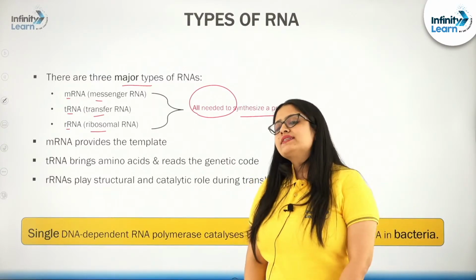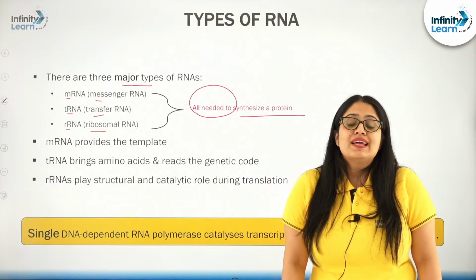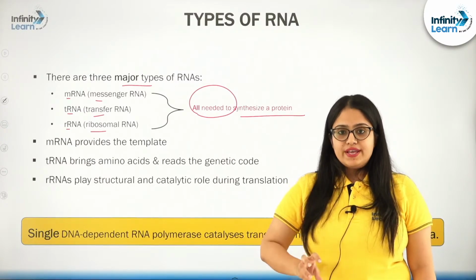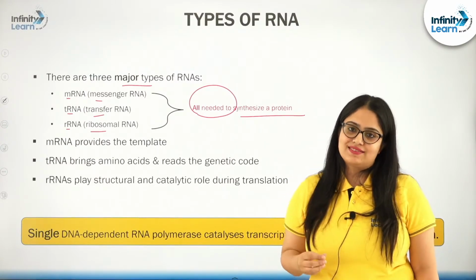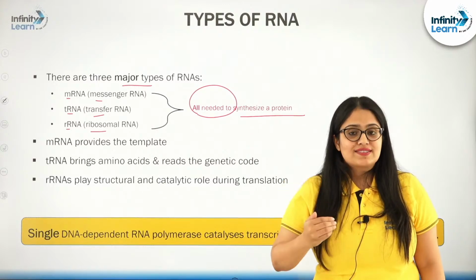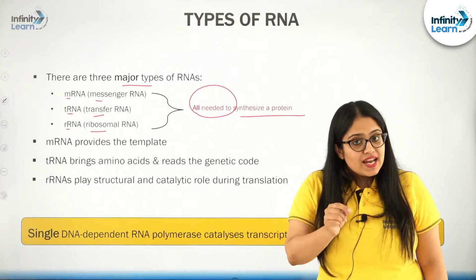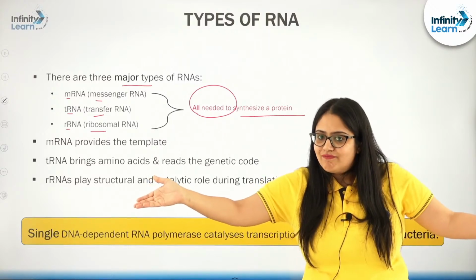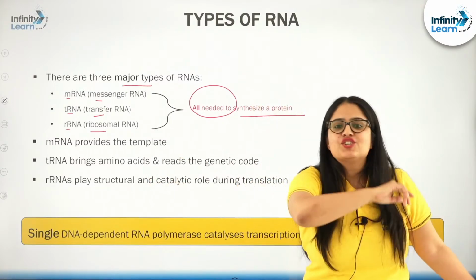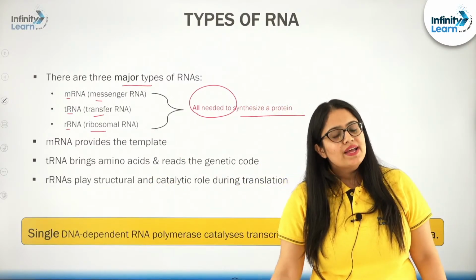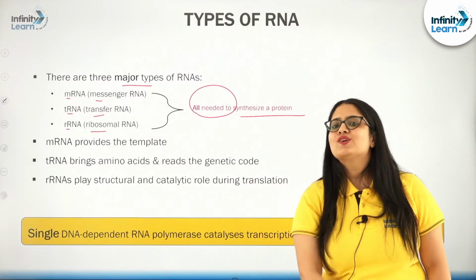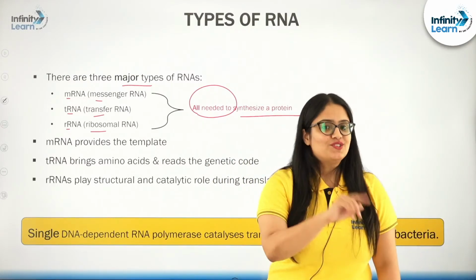Next, what is the function of tRNA? tRNA is an adapter molecule. tRNA will bring the amino acids during the translation process. So, tRNA will read the codons present on mRNA with the help of the anticodon loop and will bring and arrange the respective amino acids in a proper sequence on an mRNA during translation.